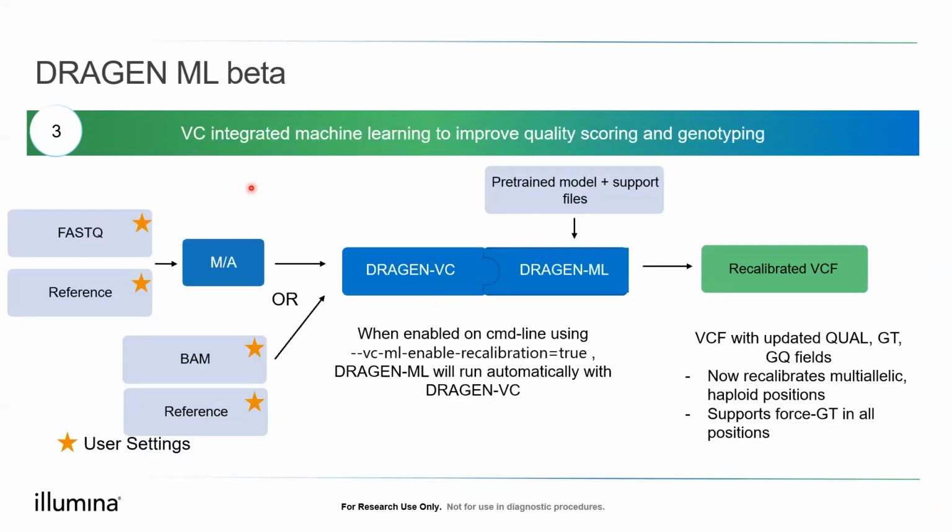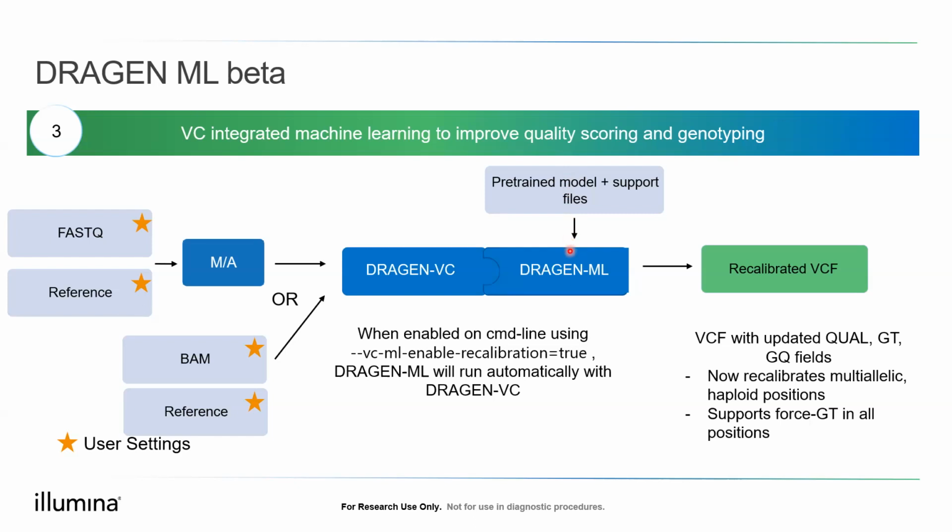Here is a high-level workflow of how the machine learning model is intended to be in the pipeline. The workflow is fairly straightforward. As you would for a Germline pipeline, you start with a FASTQ file or a BAM file. If it's FASTQ, you map align it. If it's a BAM file, you directly call the variant caller. Then you can optionally set on the command line enable recalibration for machine learning to be true. This runs after the DRAGEN variant caller has run.